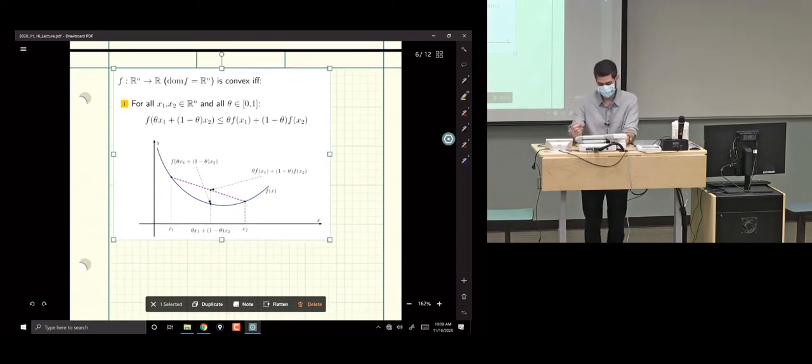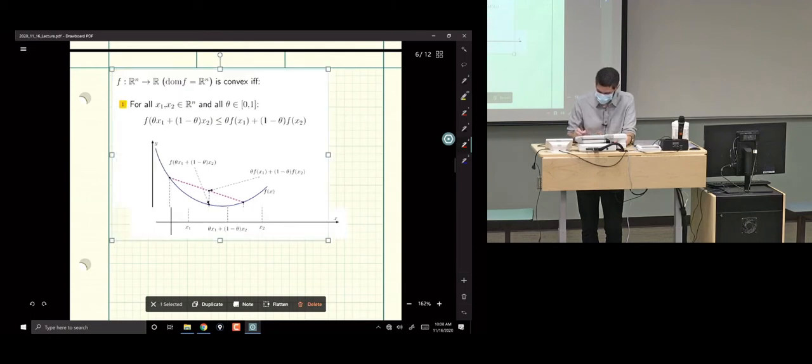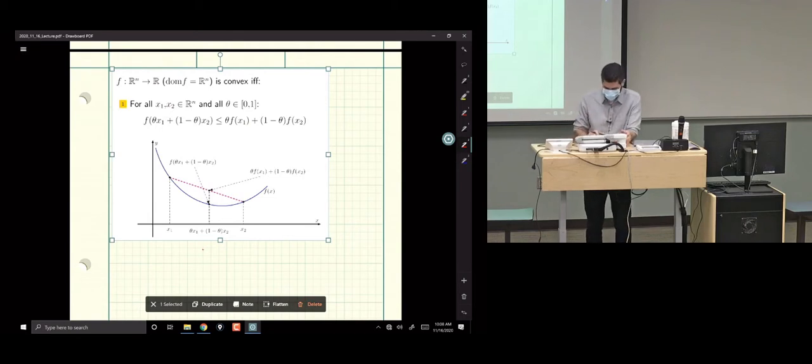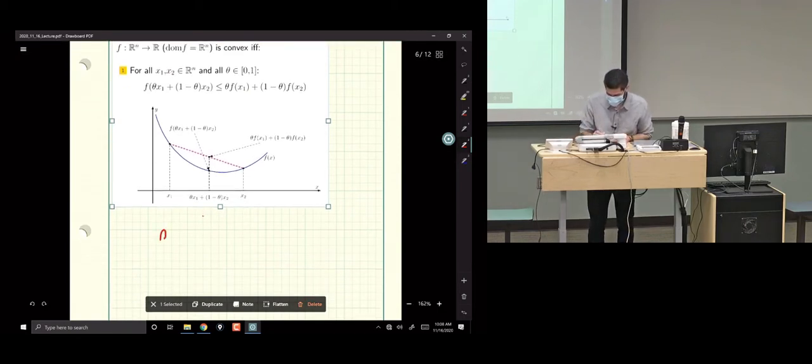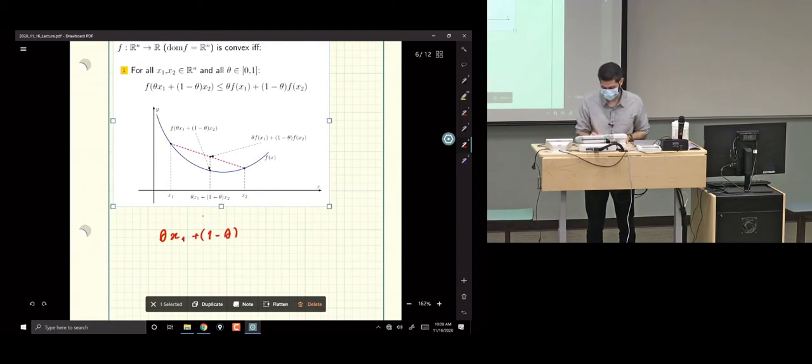Now, what I want you to be comfortable with is this idea of having a line segment, like the red line, and this idea of having parameters between 0 and 1, theta, times x1 plus 1 minus theta times x2.